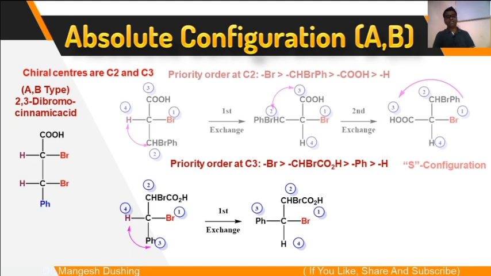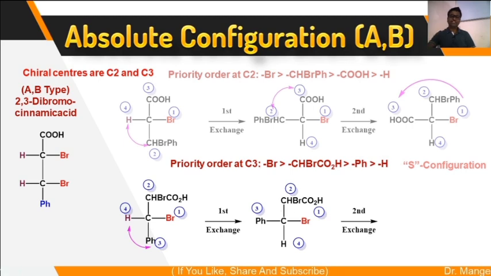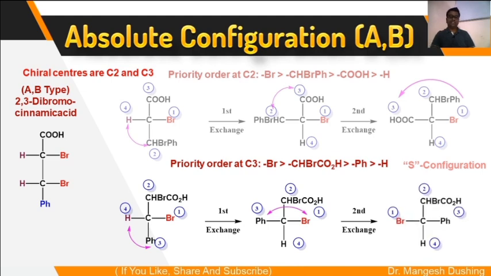Then the second exchange is to make the second priority group on the top. But if you look over here, the second priority group is already on the top. But you have to do the second exchange. Then exchange the position of priority group 1 and priority group 3. So you will get like this.